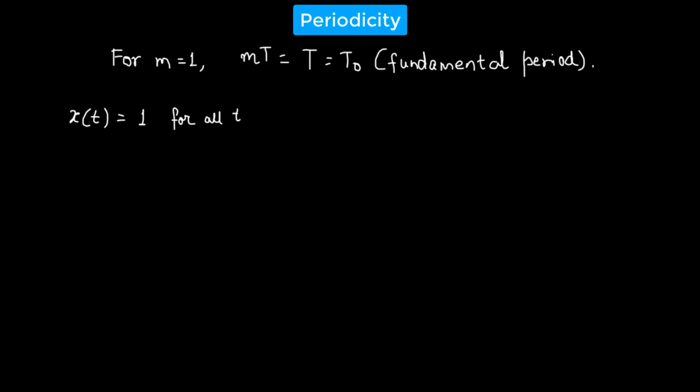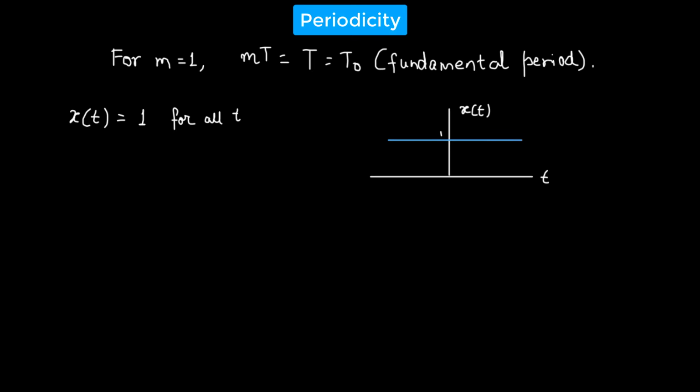So this graph would look something like this: we have x of t on the y-axis and time t on the x-axis, and the signal has a value of 1. So this is a constant function with a value of 1.